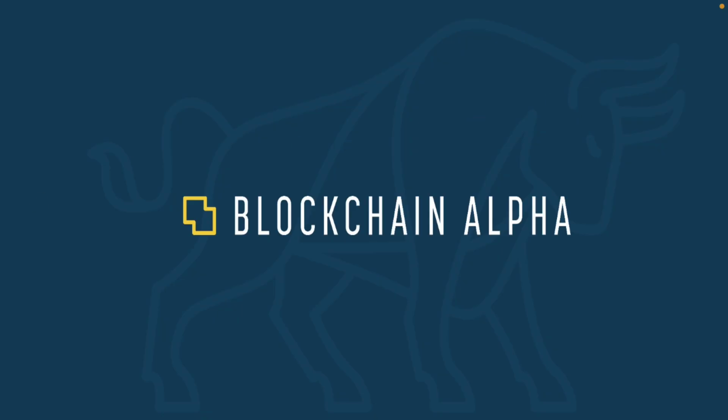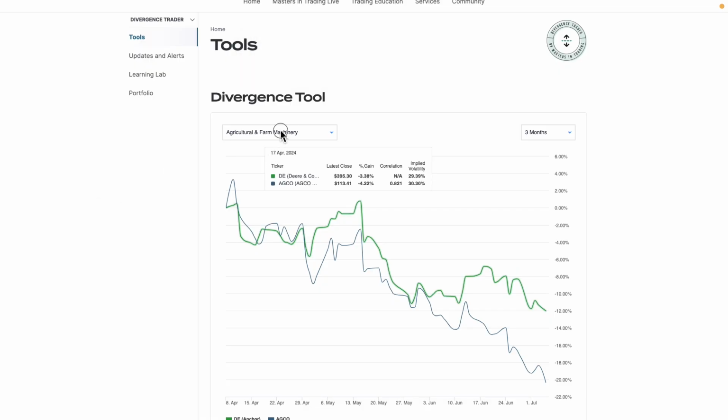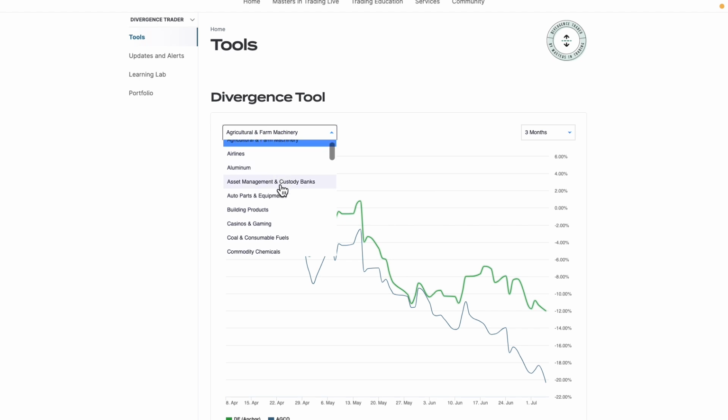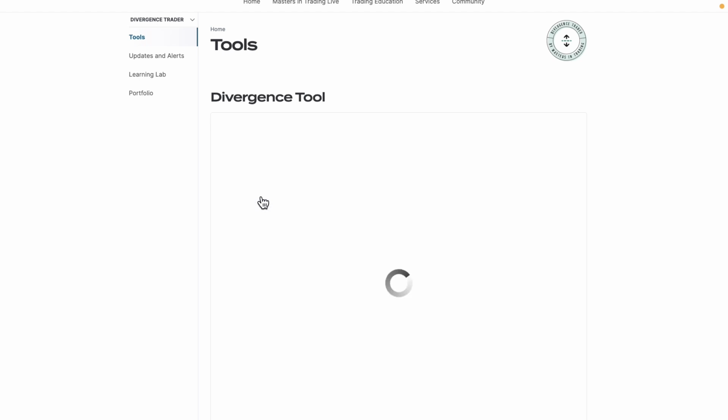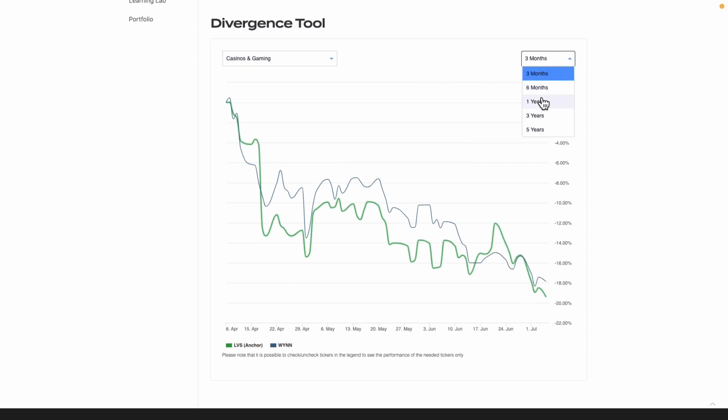Blockchain alpha. Now, blockchain, this is an awesome area to trade because you could treat this just like you would any other divergence. This is our divergence trader, and our divergence trader looks at any industry that we want. So we want to look at casino and gaming over 1 year.